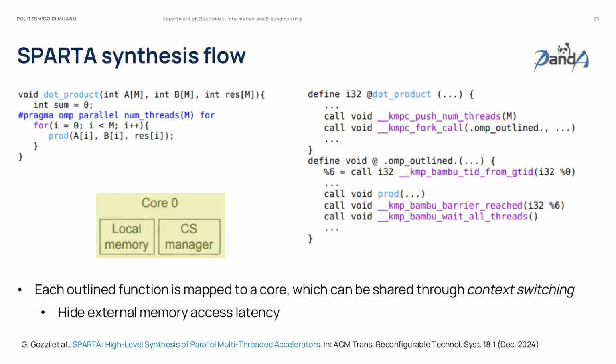And these cores can also be shared, meaning that if you have 16 threads, you may decide to only instantiate 4 cores and then do context switching on these 4 cores, which is useful if you have an irregular application that accesses memory, because the external memory access latency can cost a lot in terms of performance. So if a core does a memory access, the execution of that thread can be frozen, and you can use that core to do something else while the memory request comes back.